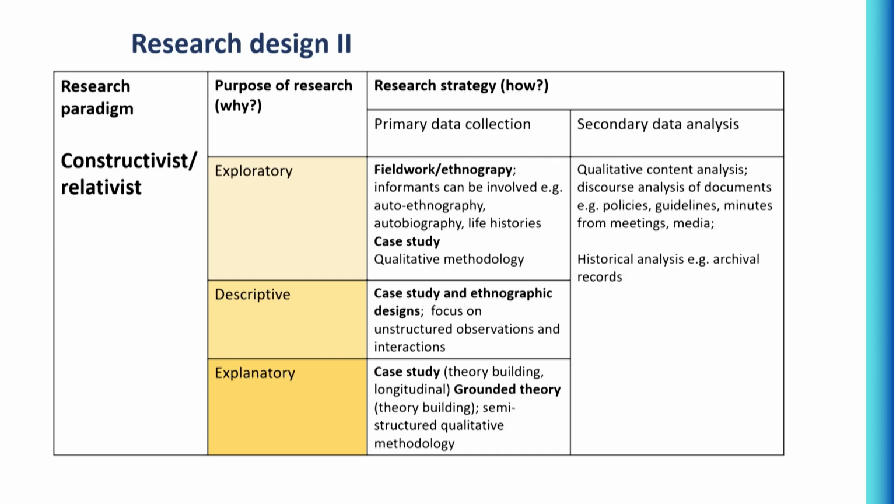So you could be using some sort of semi-structured qualitative methodology. But essentially the big difference with a positivist researcher is that they preset the categories of what they're trying to measure. And often that is through a survey, a classical survey design or an experimental design. And in this case, we're looking at observational designs that are mainly qualitative in nature.